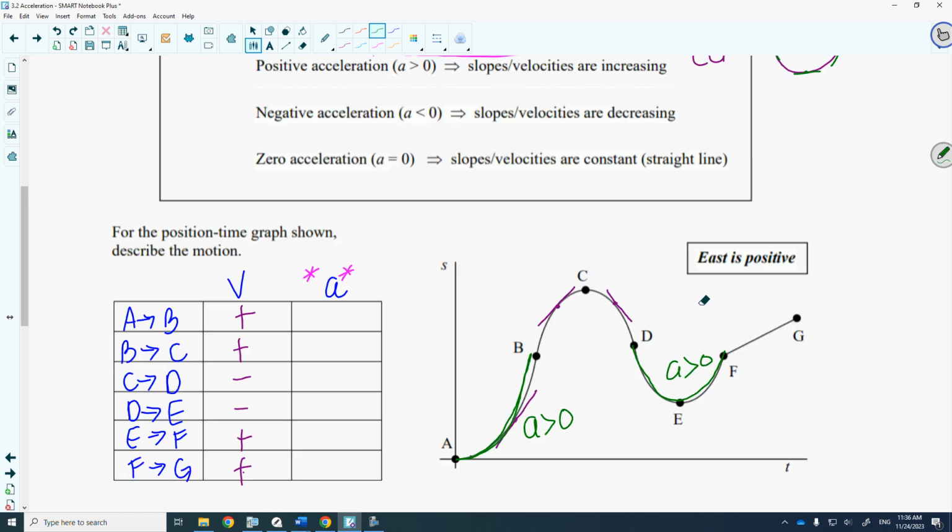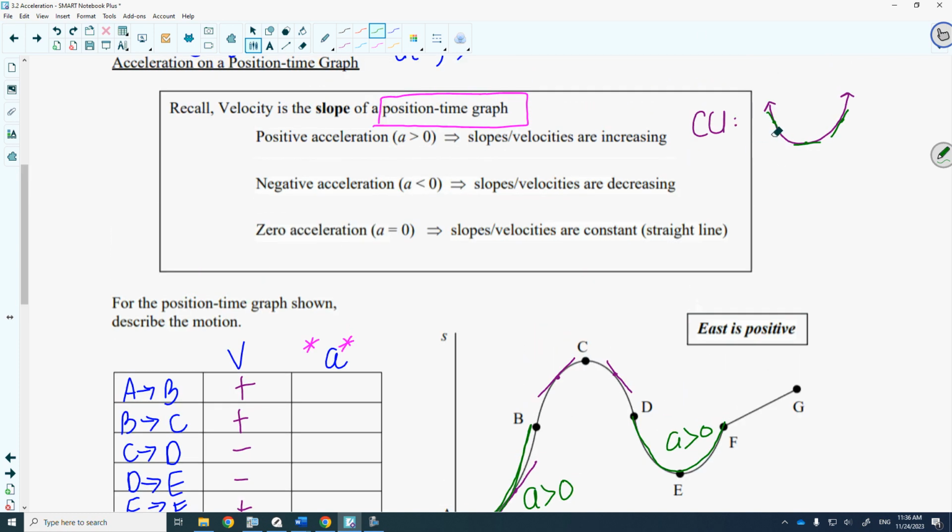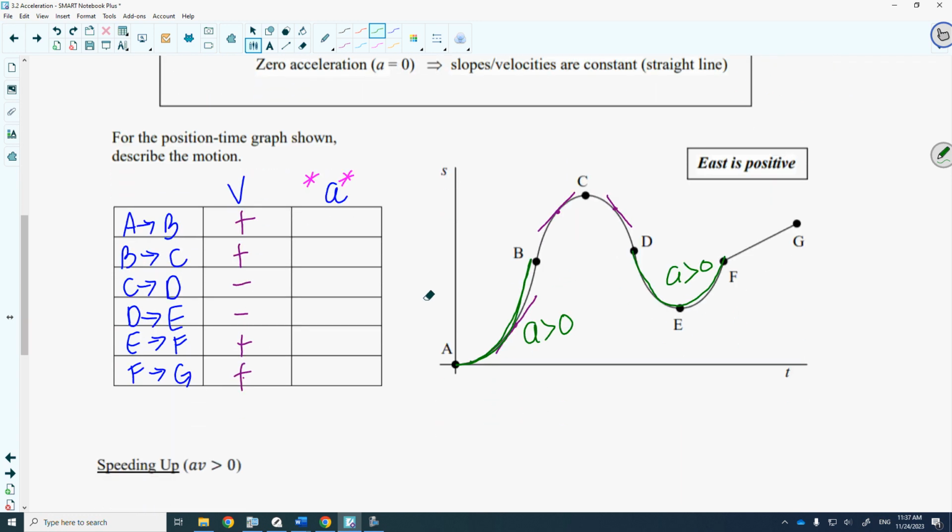Whenever your slopes or velocities are increasing, then acceleration is greater than zero. So from A to B, it's concave up, acceleration is going to be positive. From D to E, it's concave up, acceleration is greater than zero. E to F, concave up, acceleration is greater than zero.